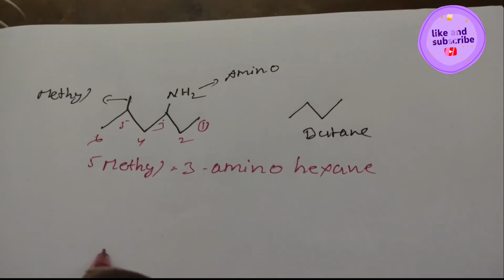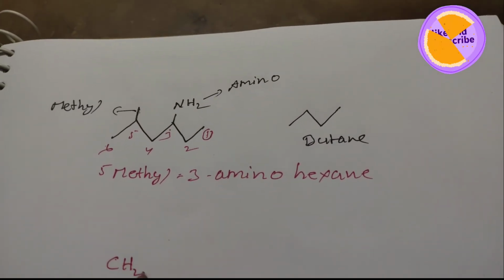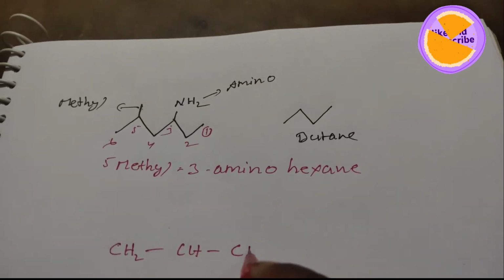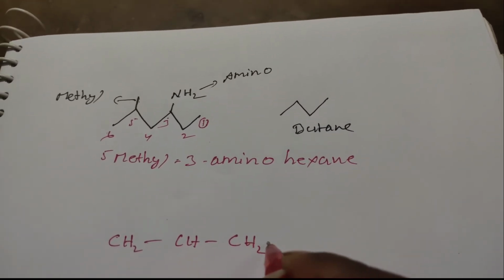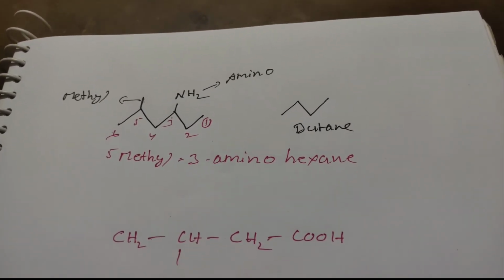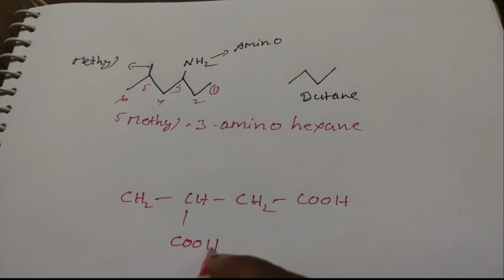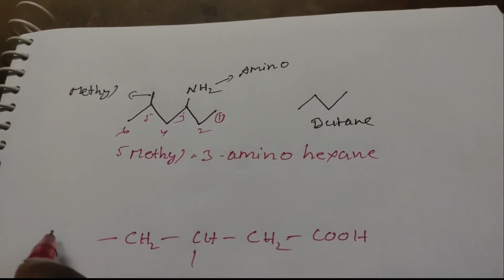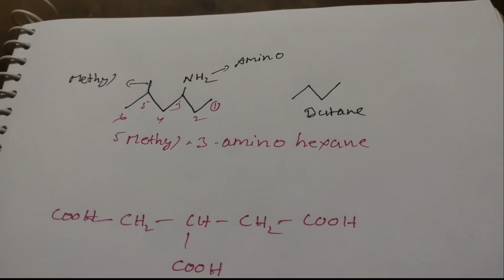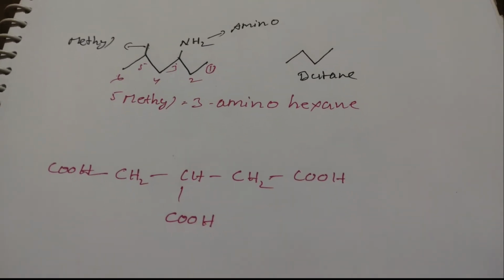And next one. I am writing the structure like that: CH2, CH, CH2. And here I am writing COOH, and here also COOH, and here also COOH. So in that case, how can we write the numbering?